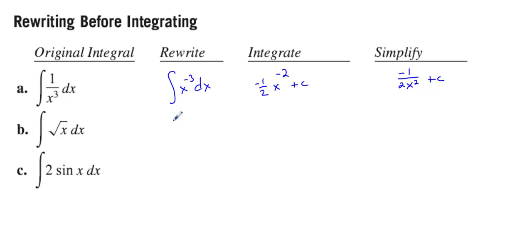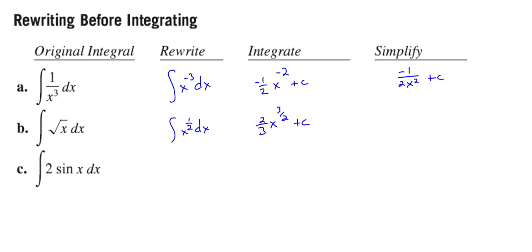Next one, rewrite. X to the half. Antiderivative would be then x to the, times, plus c. And do we really need to simplify this anymore? I think we're good, right? How about this one?